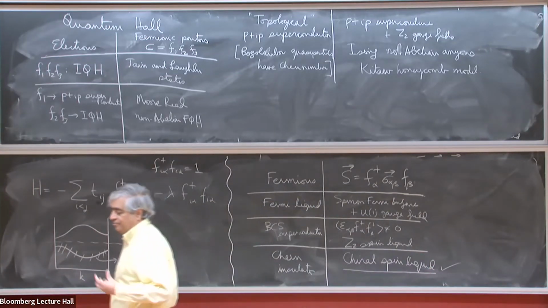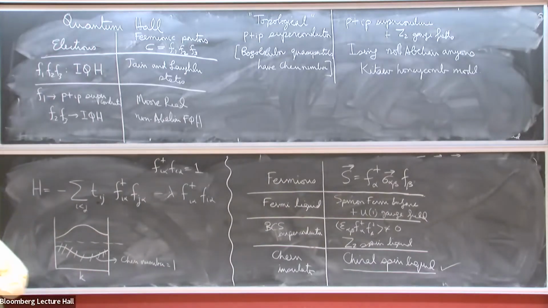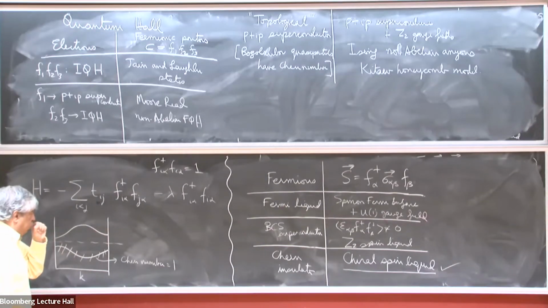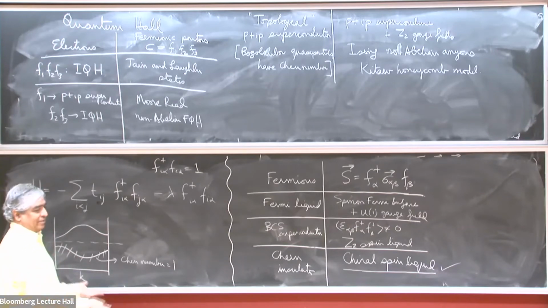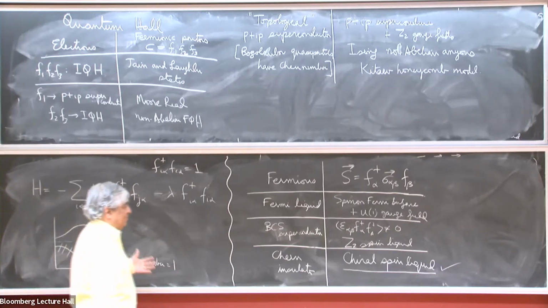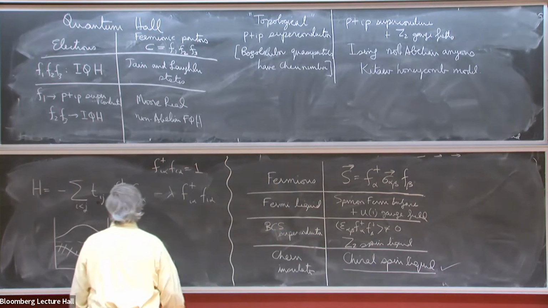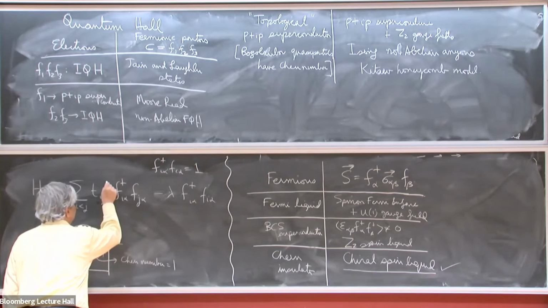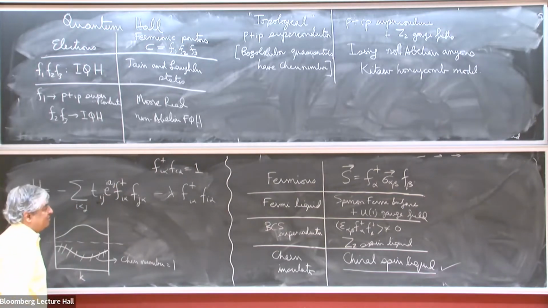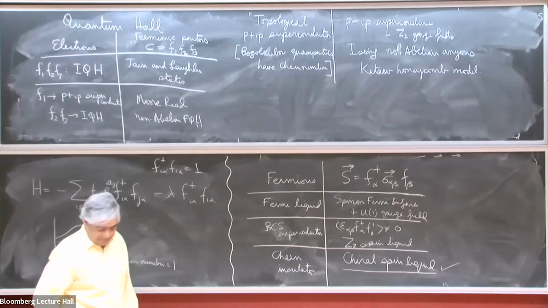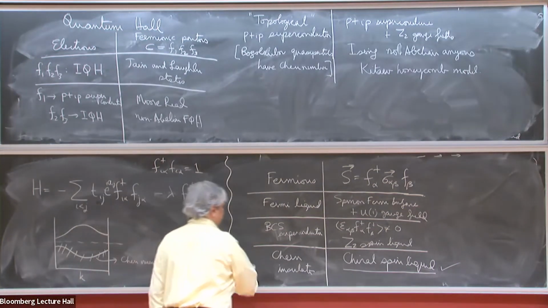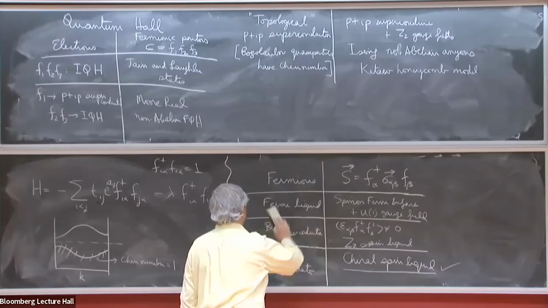It's like a Hofstadter problem with pi flux. Now you have to look at fluctuations. This is where you couple this to a gauge field and you're going to get some anyonic state. And what happens then? Well, you put in a gauge field here. That's how it has to couple. There's a U(1) gauge field. And I think I can delete this. Okay, so we're talking about this. The others we've already discussed.